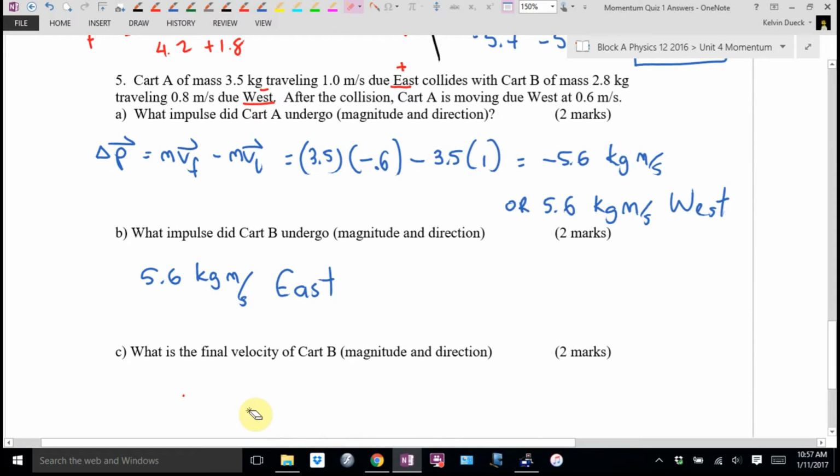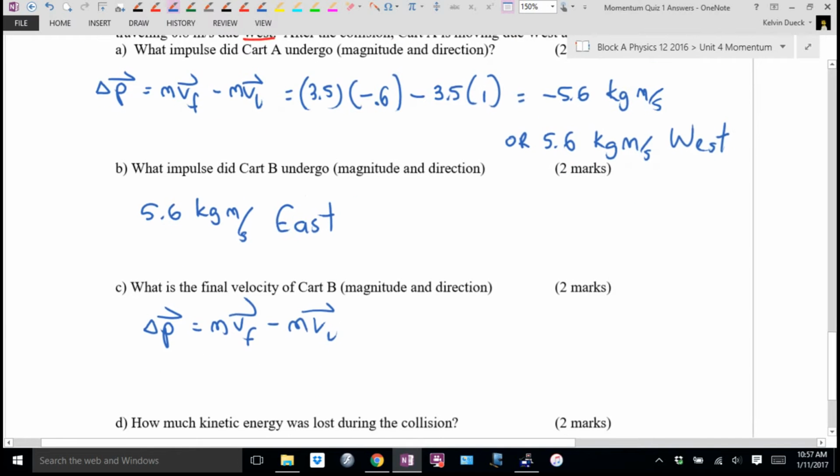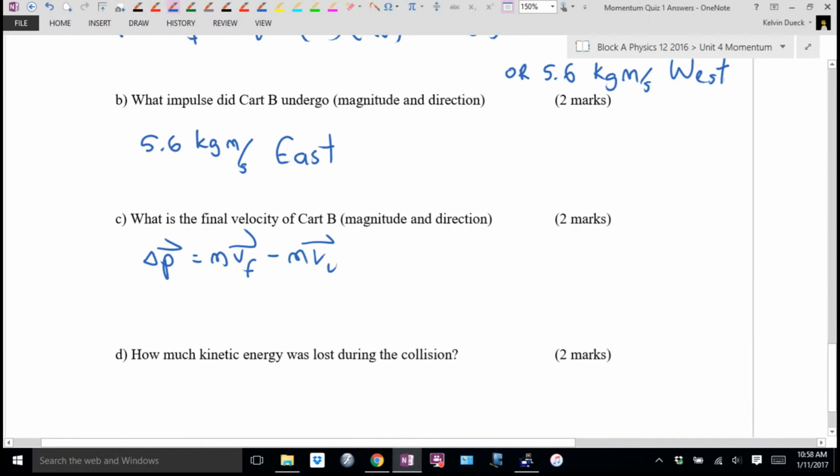I think I can go the change in momentum equals mv final minus mv initial. I think I can do it that way too, just looking only at car B, which means the final velocity is going to be the change in momentum plus the initial momentum divided by the mass.